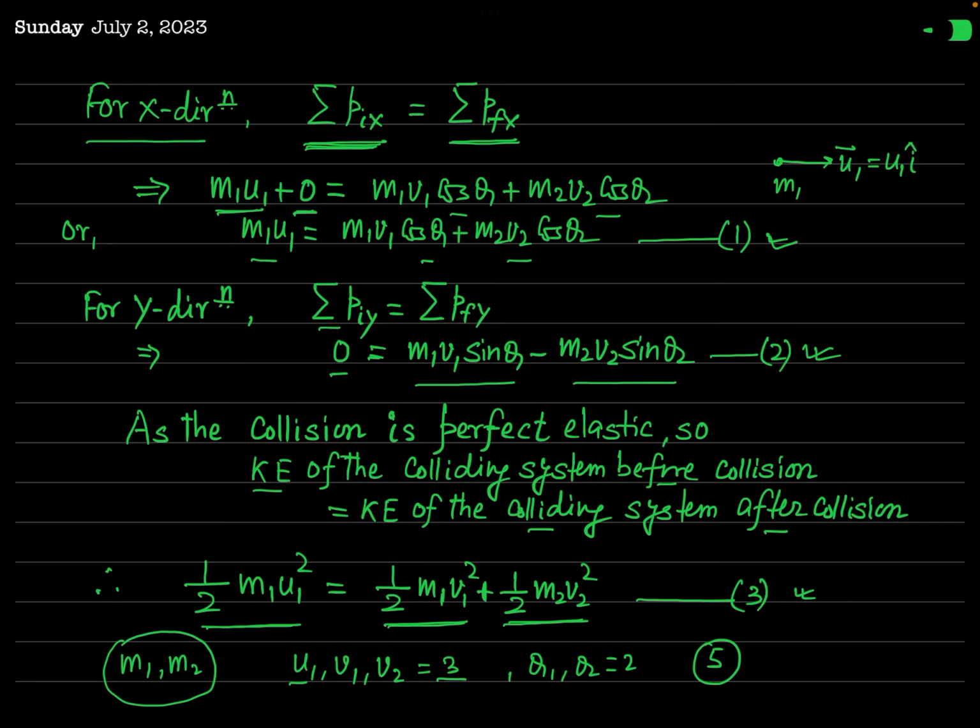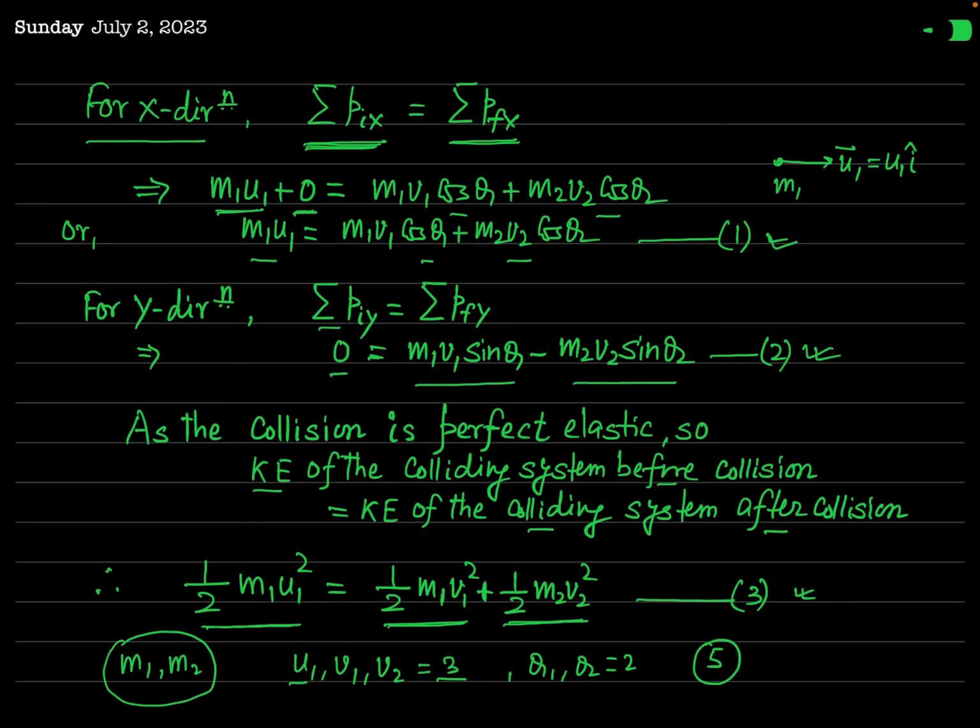As you know, if we have 3 independent equations, we can find at most 3 unknown quantities. If one quantity is needed to be found, that will be very easy. If 2 quantities are needed to be found, that will also be easy.